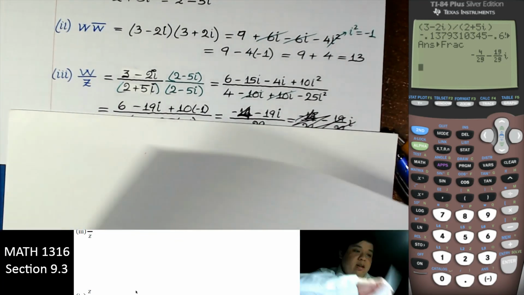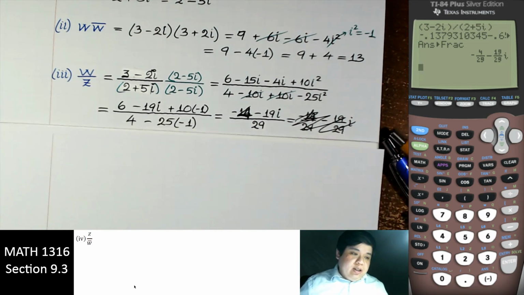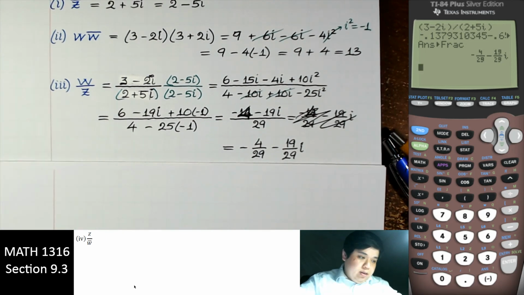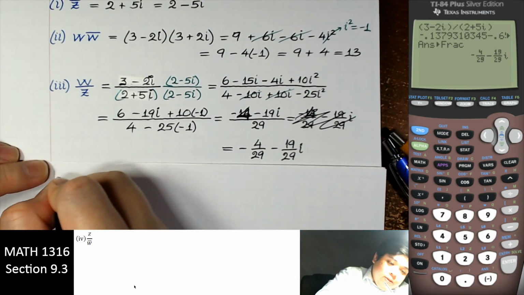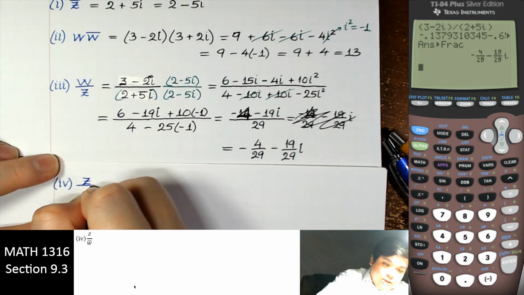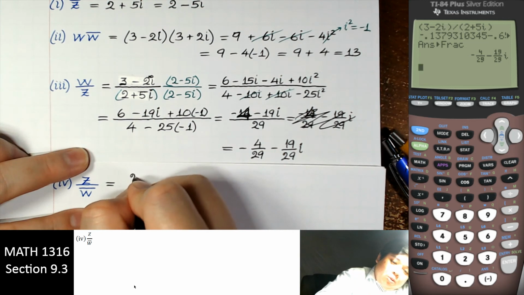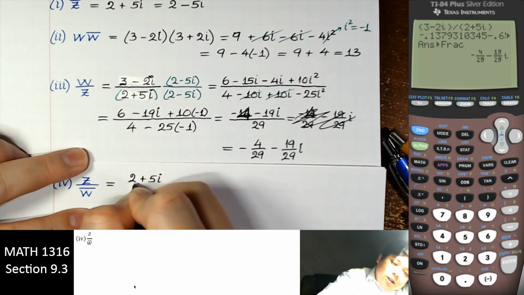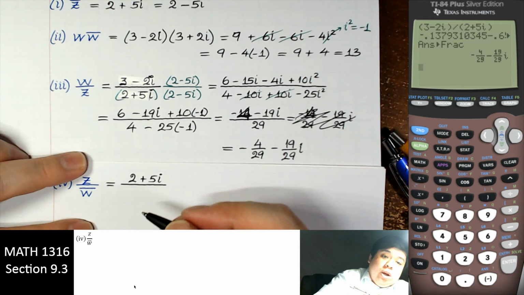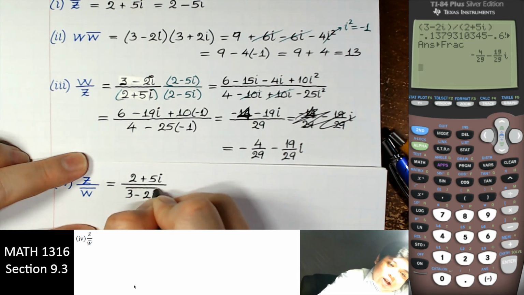Next, we find Z divided by the conjugate of W. Right. Z is 2 plus 5i, and the conjugate of 3 minus 2i. 3 minus 2i is W, and we have the conjugate of that.